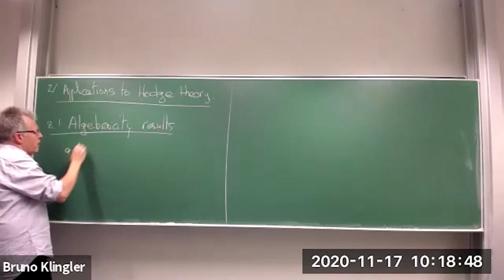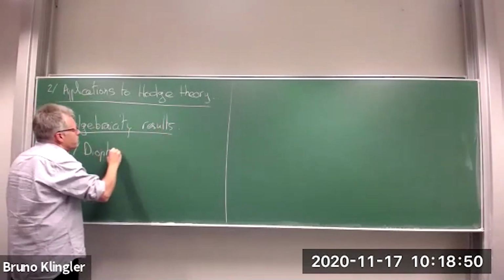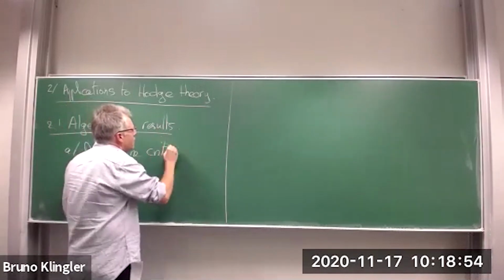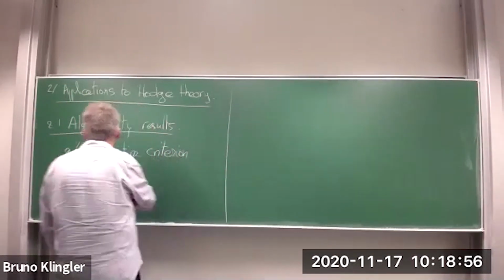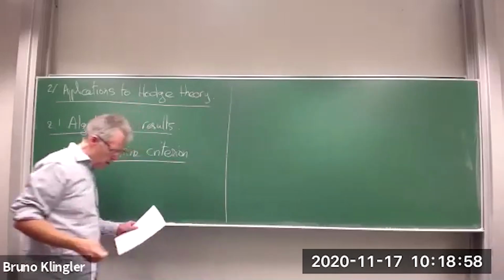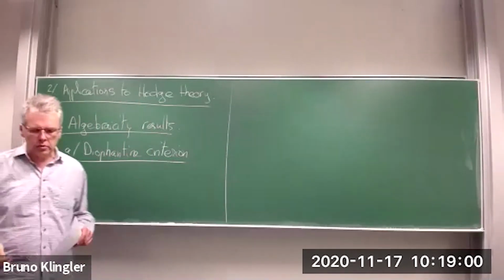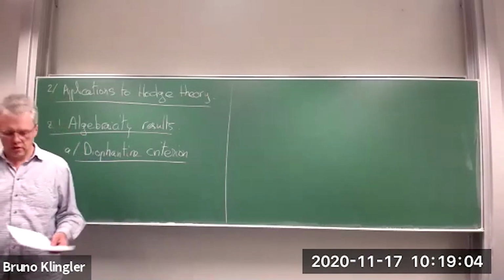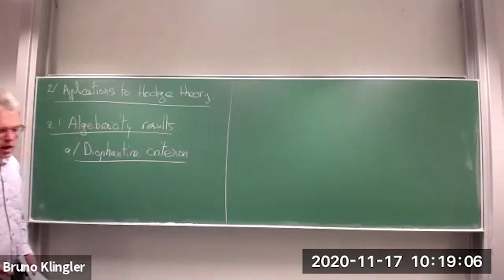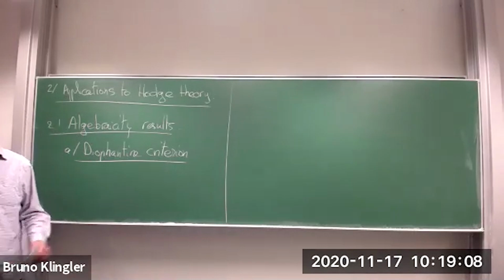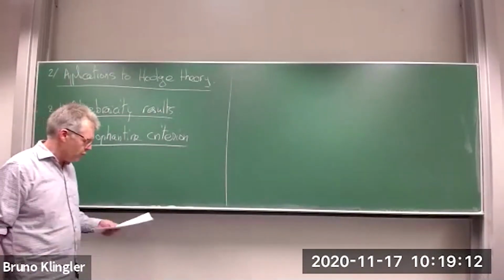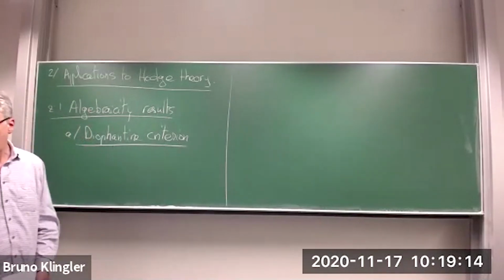So the first one is the Diophantine criterion. It's kind of nice. Usually in Diophantine geometry, you start with an algebraic variety defined over a number field, and then you try to count points. This is the kind of typical example. And here we will start completely differently: you will use counting points to prove that something is algebraic.